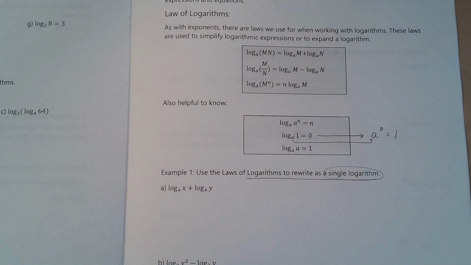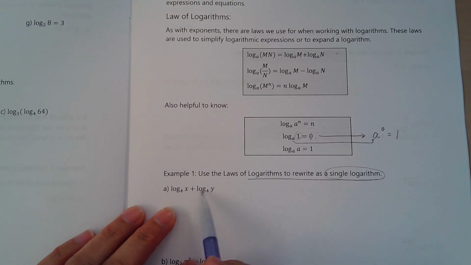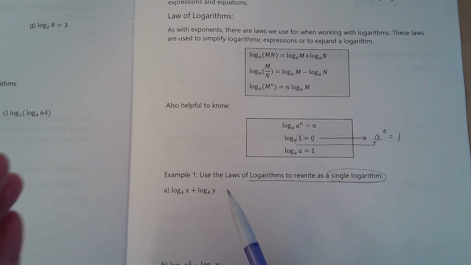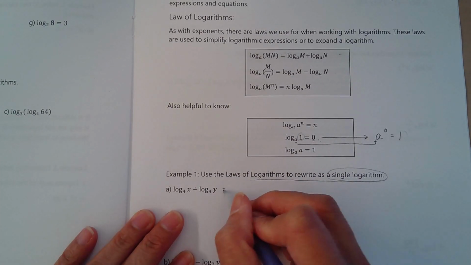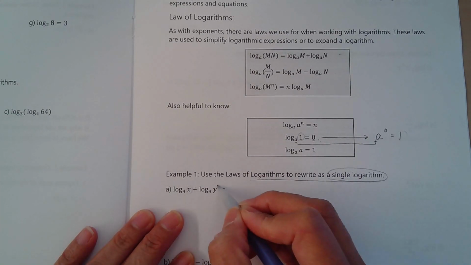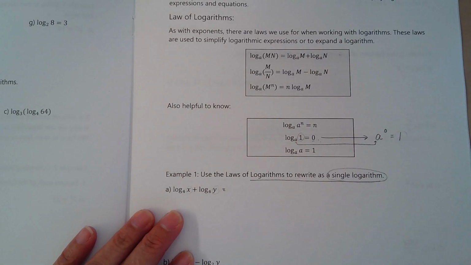Now it says here, use the laws of logarithm to rewrite as a single logarithm. Because sometimes for the expanded version, we need to write it in a single form. So how do we do that? Okay, what do we do here? Two exponents are added together. That means the powers have to be multiplied, right?